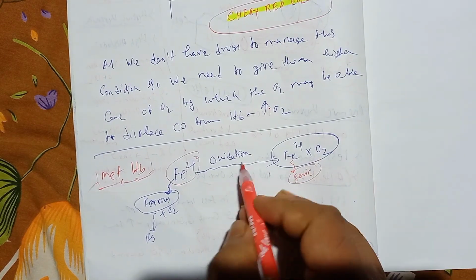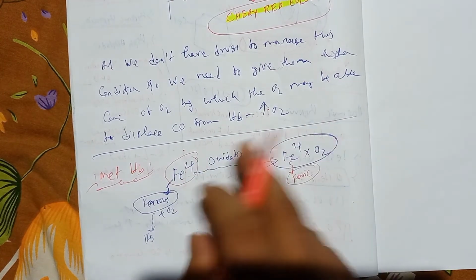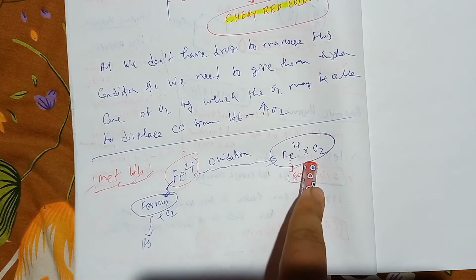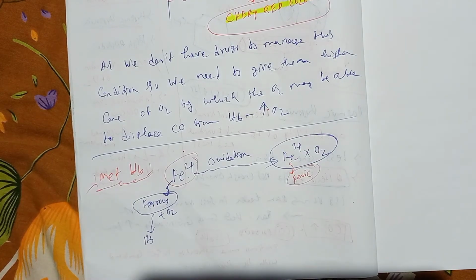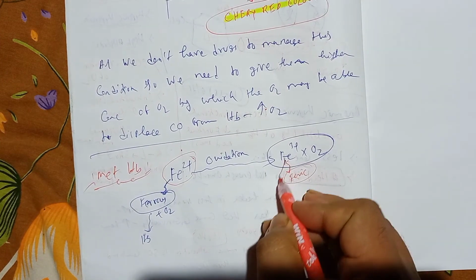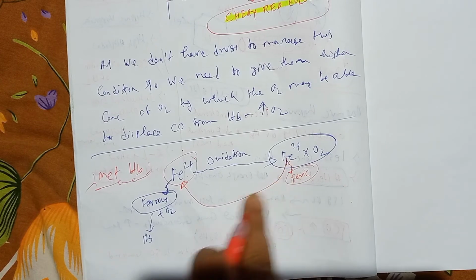Now, if by chance Fe2+ gets converted into Fe3+ by oxidation, there is an enzyme in our body by whose action the Fe3+ can be converted back into Fe2+.